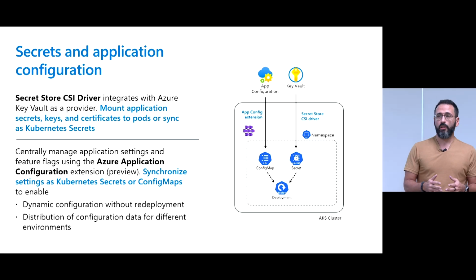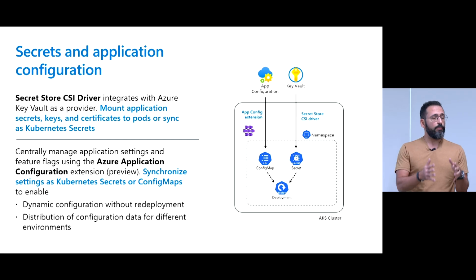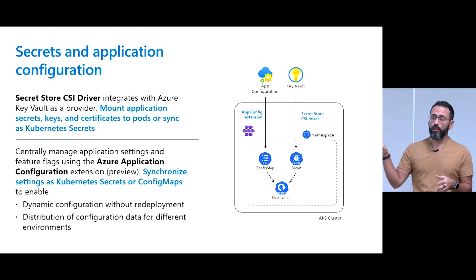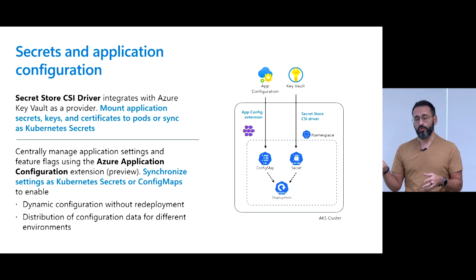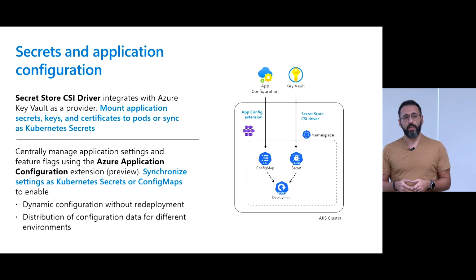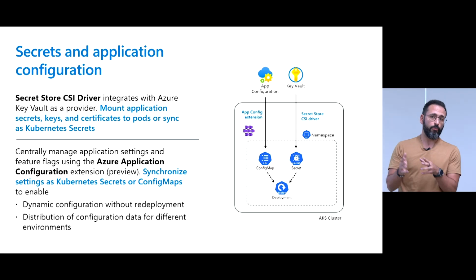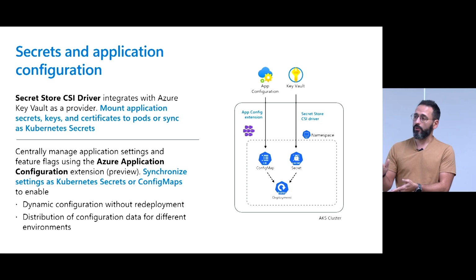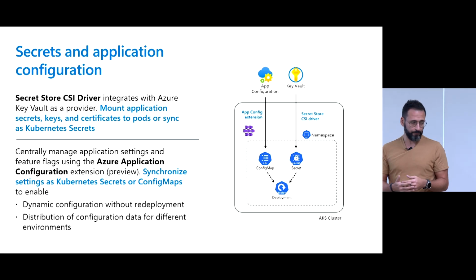You can have application configurations per environment controlled from the Azure configuration service, where, for example, you say on staging environments, this is the set of values I want to use, and for production environments, this is the set of values I want to use. The application, using the Azure configuration extension, can load them based on the environment that it's running in.